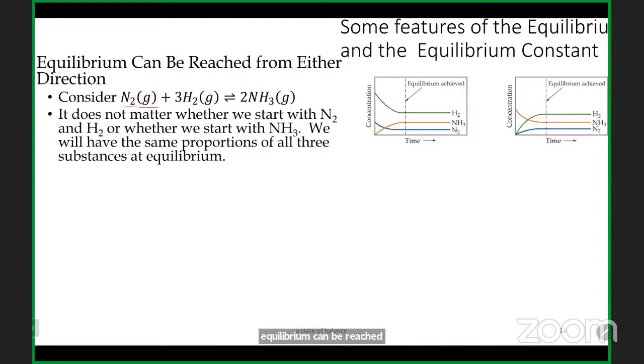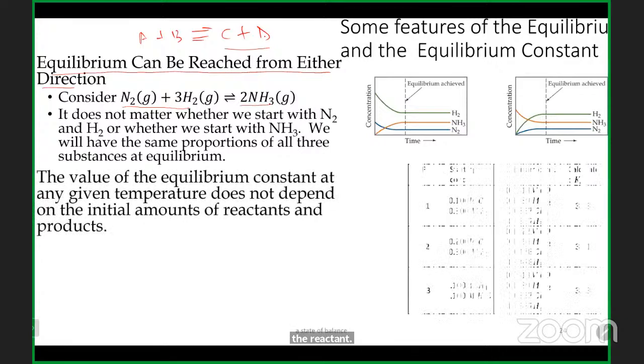If you consider this kind of reaction, A plus B reversibly going to C plus D, if you put C plus D in the reaction vessel first, and they form A plus B, then after some time, A plus B will start to form C plus D. So equilibrium can be achieved from either direction. It doesn't matter whether you start with the product or the reactant.